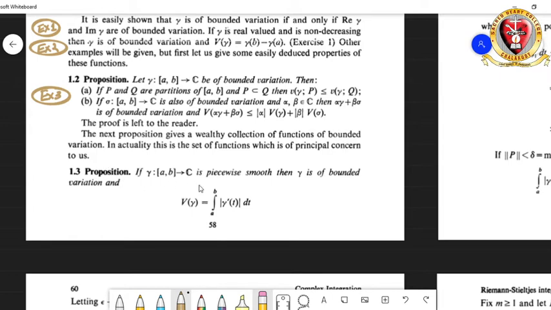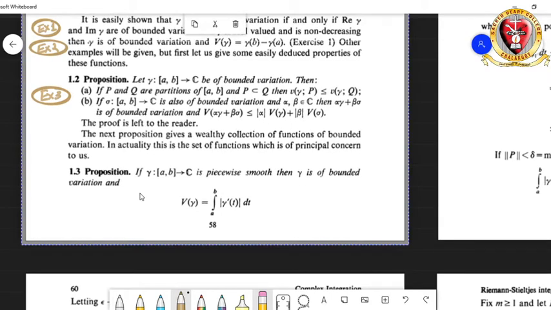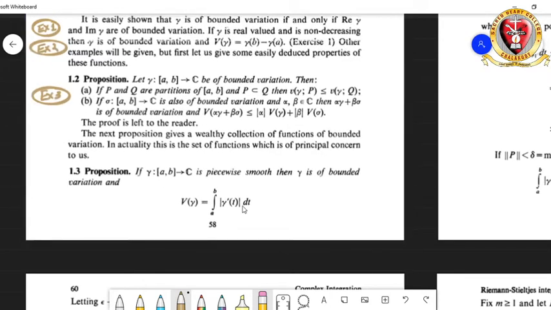So let's move on to proposition 1.3, which says that if you have a piecewise smooth function gamma from the closed interval [a, b] to C, then that gamma is of bounded variation, and we can find the total variation of gamma as the integral from a to b of modulus of gamma dash of t dt.